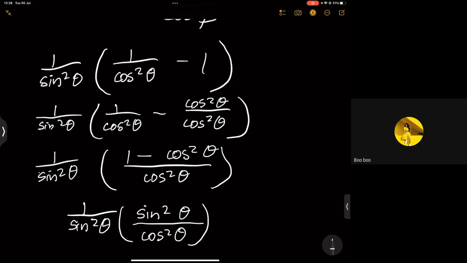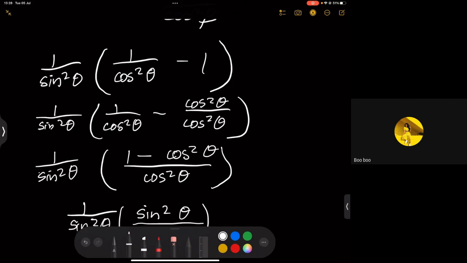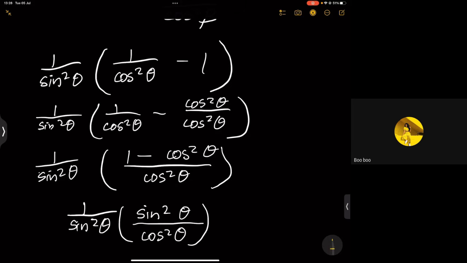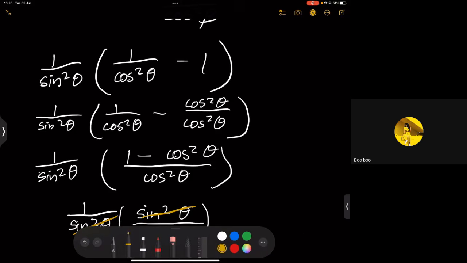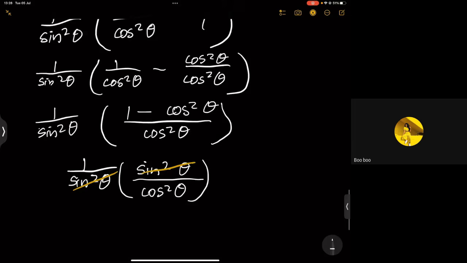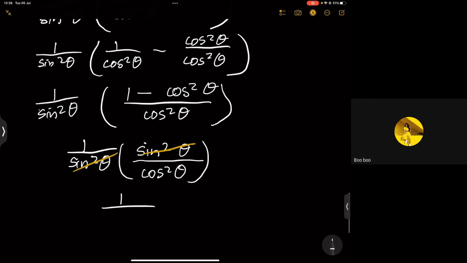Then I'd cancel the sine squared theta, and then the final answer would be 1 over cos squared theta. All right. Those cancel out. And so our final answer would be 1 over cos squared of theta.